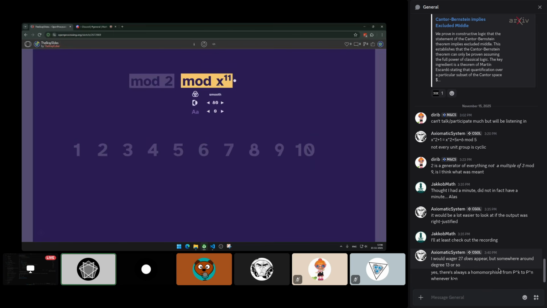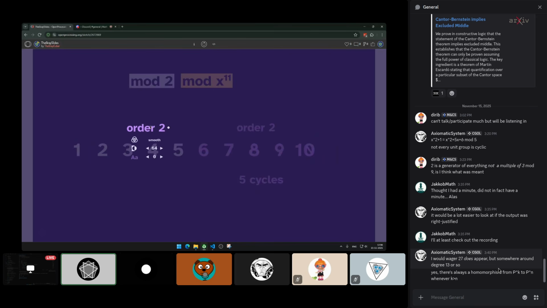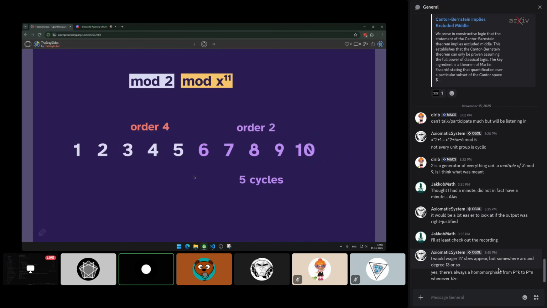In order for something to zero out mod 11 after squaring, let's say order 2, anything with 6 or above works, because this will go to the 12th power, this will go to the 14th, and those are all above 11, but none of these will. So that means that we have 5 cycles. Now, for order 4, you've got the 5, the 4, the 3 as well.